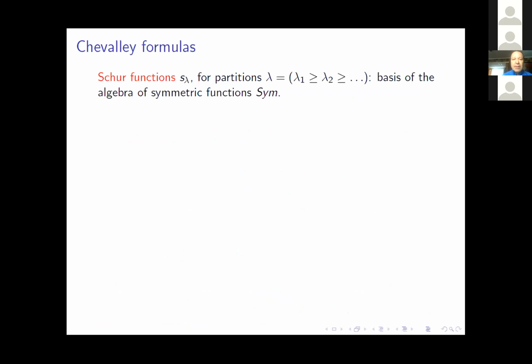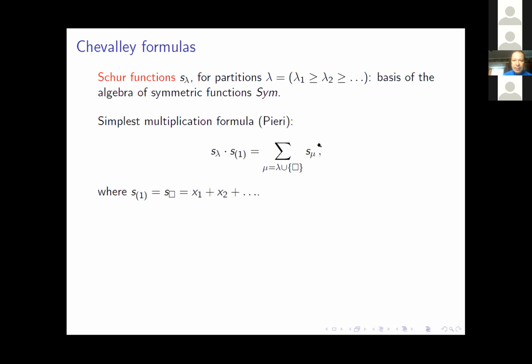So starting with the Schur functions, to explain the simplest instance of a Chevalley formula, you take this basis of symmetric functions in infinitely many variables, Schur functions indexed by partition lambda.